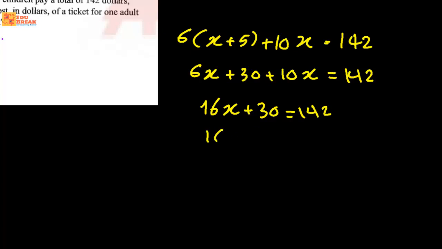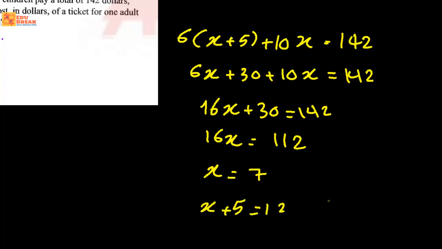Subtract 30, so 16X equals 112, divided by 16, so X equals 7. So X plus 5 equals 12. So the total will be 7 plus 12, which equals 19. Okay, so the answer is A.